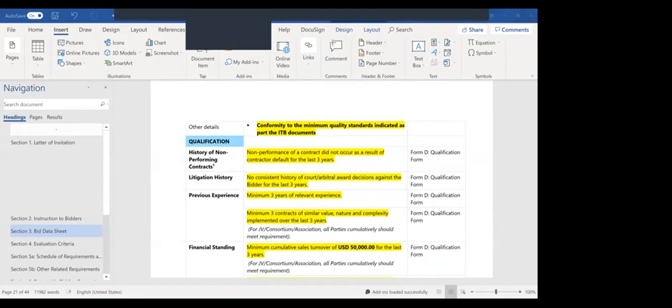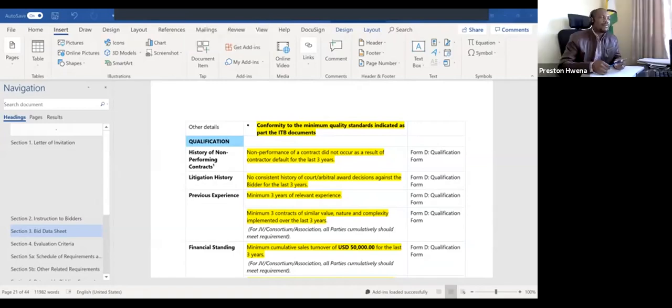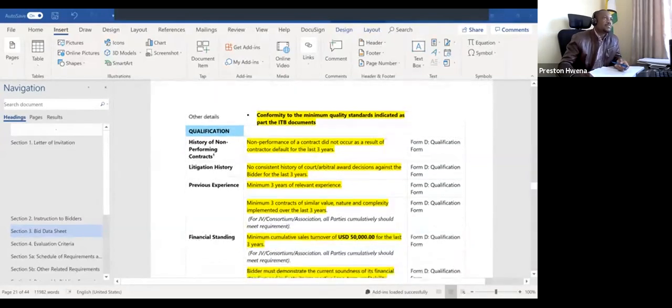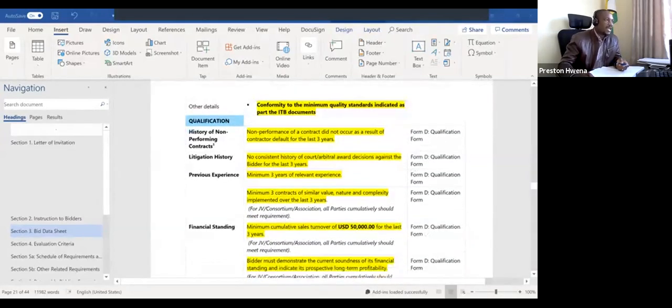It means if company A and company B are going to be joined together, all of them should also meet these qualification and eligibility criteria.